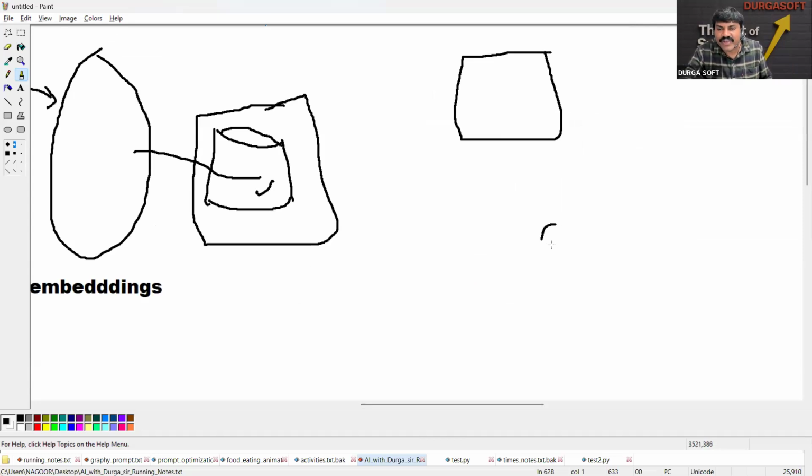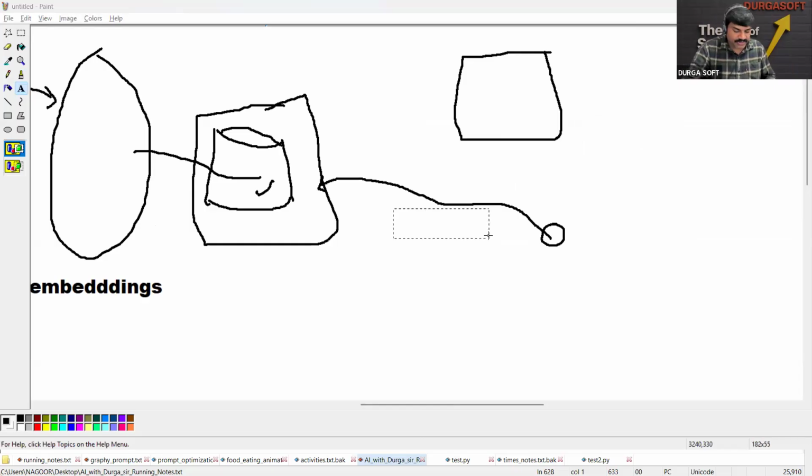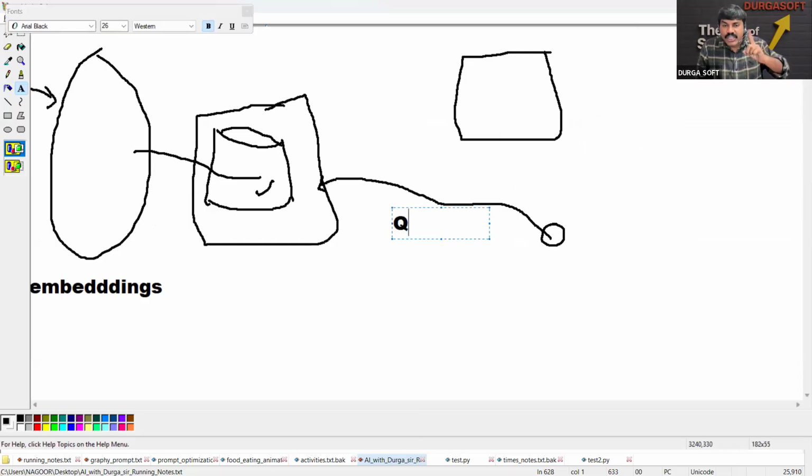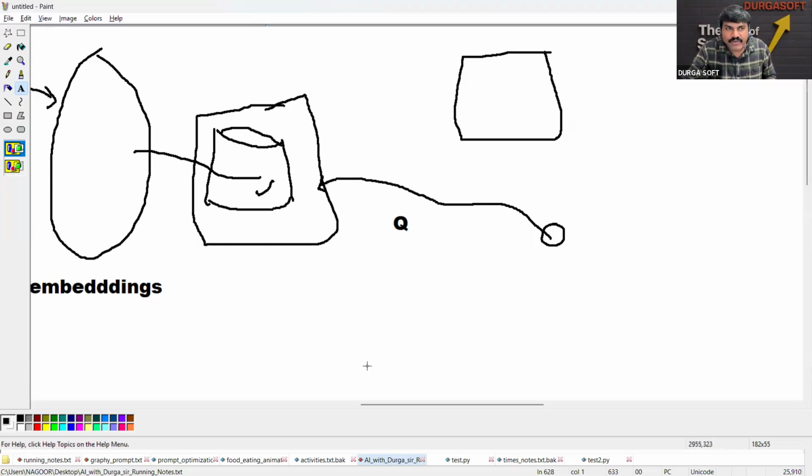Whenever I ask a question, my question is always going to go to the vector database. Observe very carefully. Assume one question I am asking. It will retrieve the corresponding embeddings from the vector database. This is the first word, retrieval.